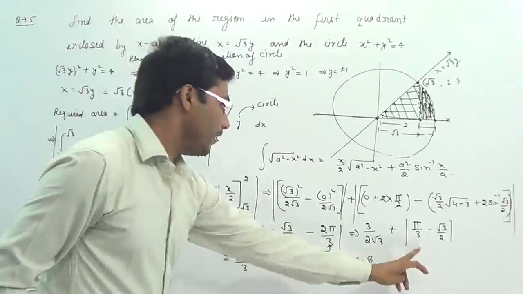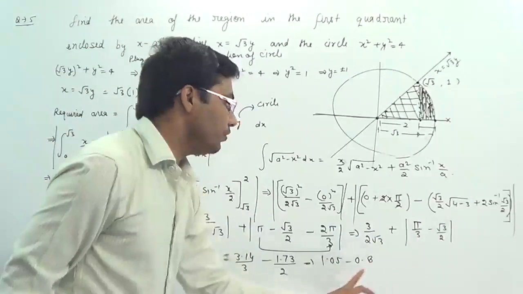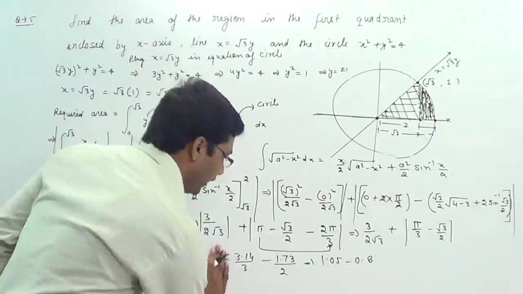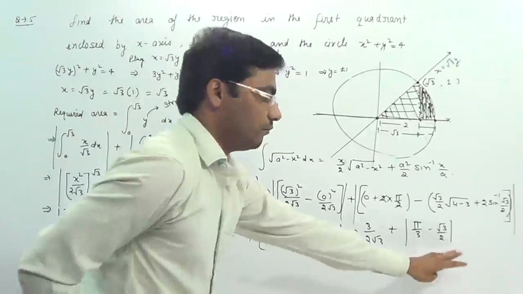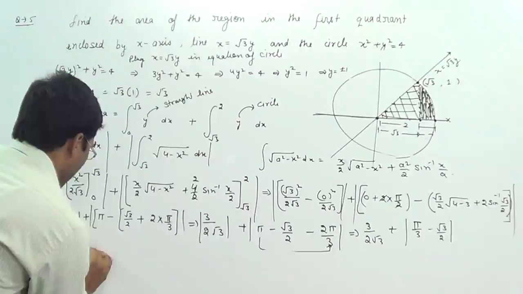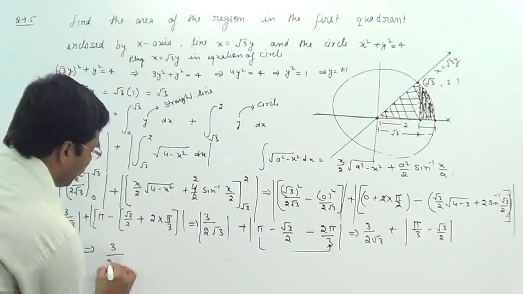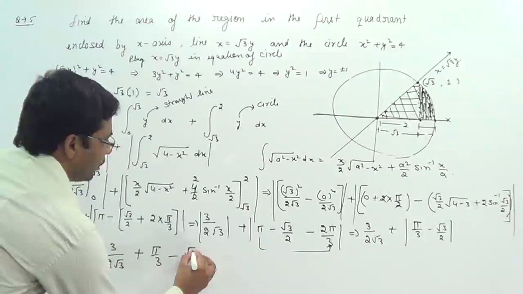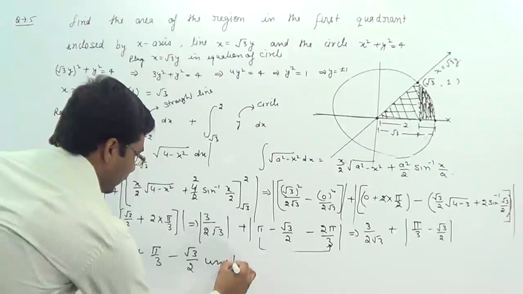This value is 1.05 and this value is 0.8. So this is greater than root 3 by 2. So it gives a positive result. So we can remove the sign of mode. So our answer will be 3 upon 2 root 3 plus pi by 3 minus root 3 upon 2 unit square.